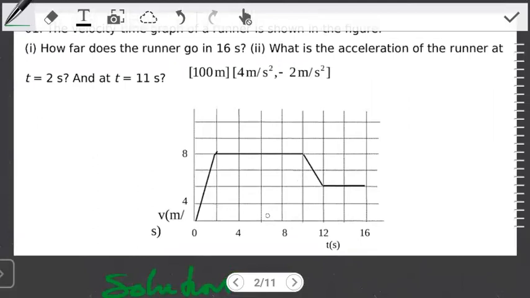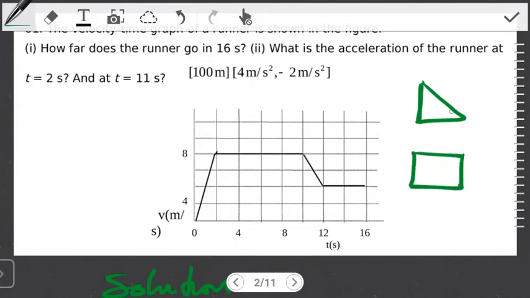What you have to do here is separate this into shapes that you're familiar with. Most students will be familiar with the area of a right-angled triangle and the area of a rectangle or a square.